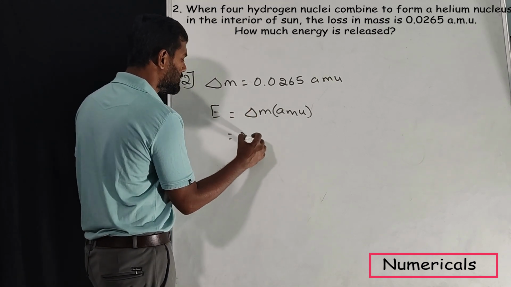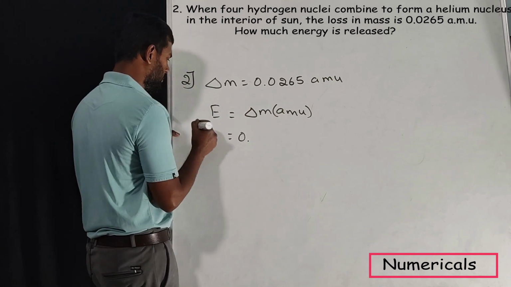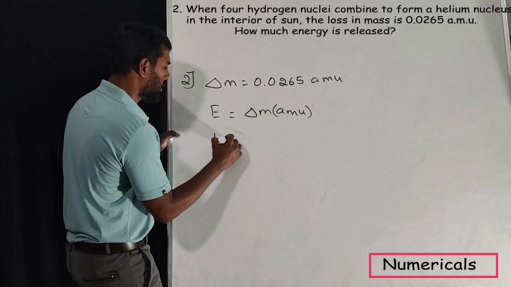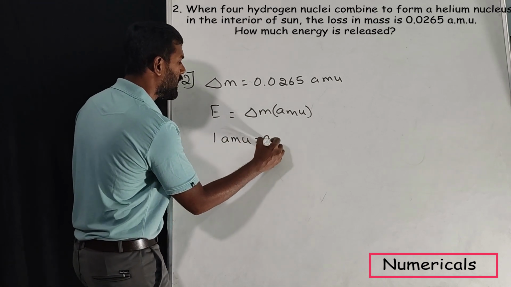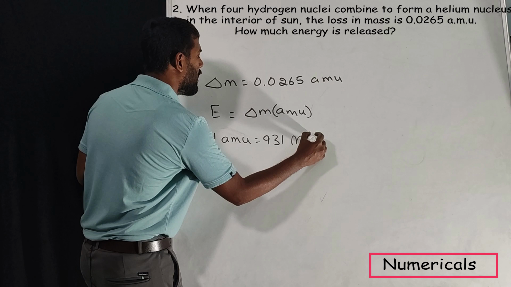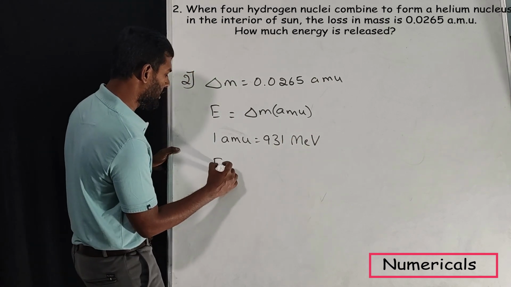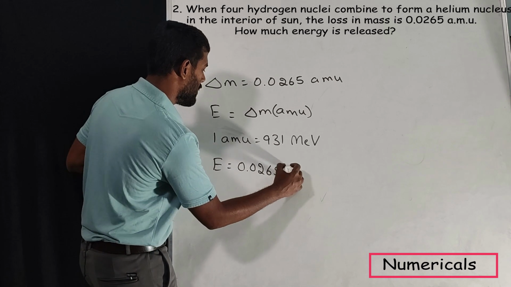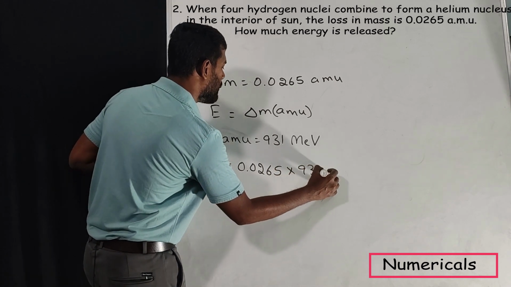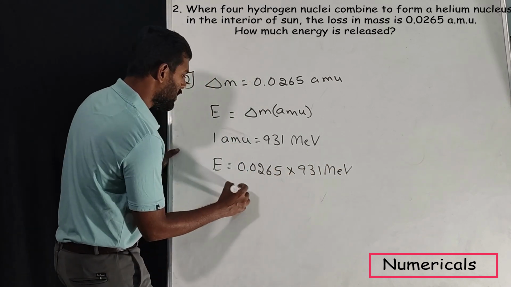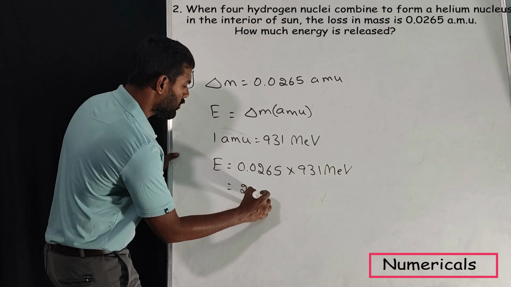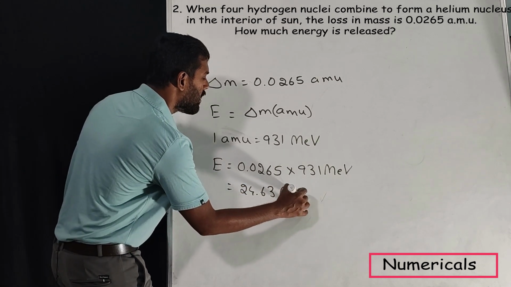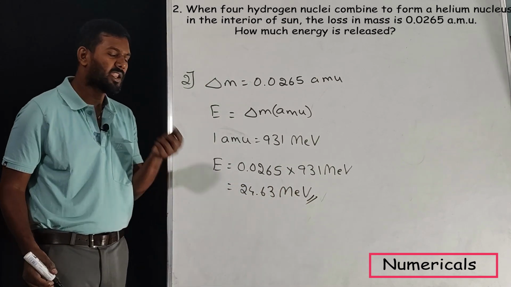We know 1 AMU is equal to 931 mega electron volt. So E is equal to 0.0265 into 931 mega electron volt. Answer will be 24.63 mega electron volt.